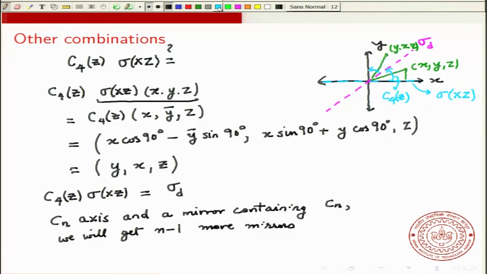So, if you operate by C4 you will get this, and if you operate again by C4 you will get another mirror that looks like this.